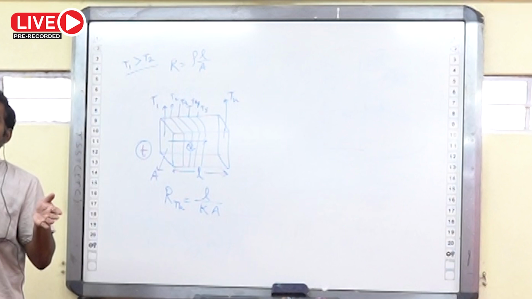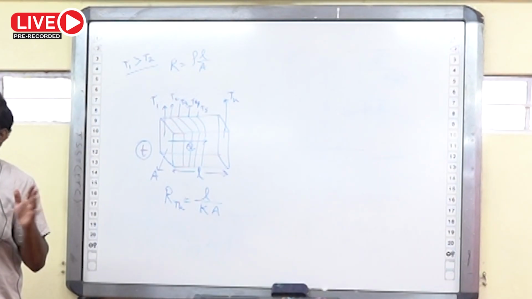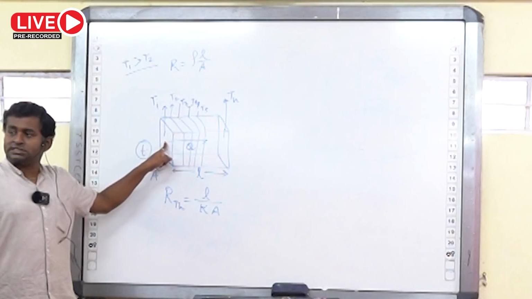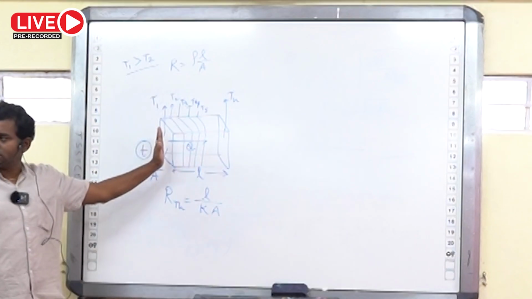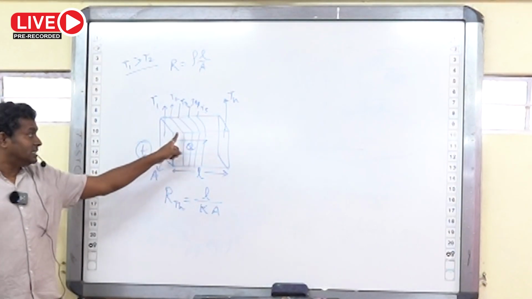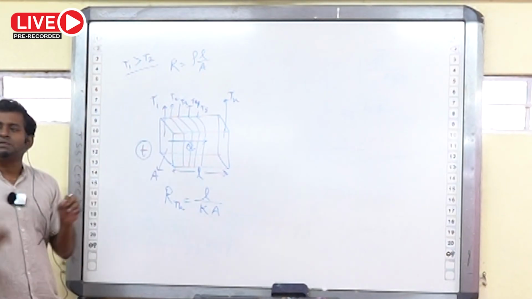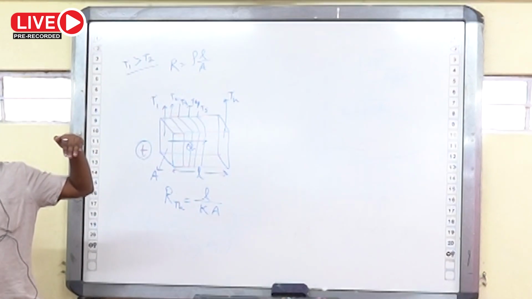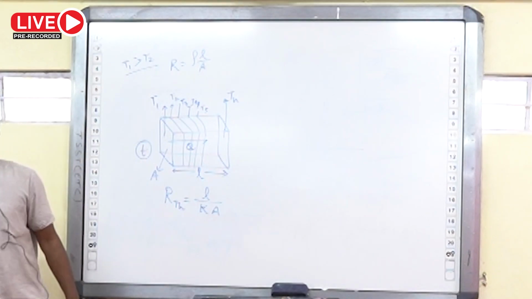So initially let us consider the entire chunk is at temperature, say, 0 degree Celsius. Now this portion's temperature will increase faster because it is directly receiving heat energy from the source. The next portion receives heat energy from the previous one, so its temperature will rise, but the rise is not that huge, but it will rise.